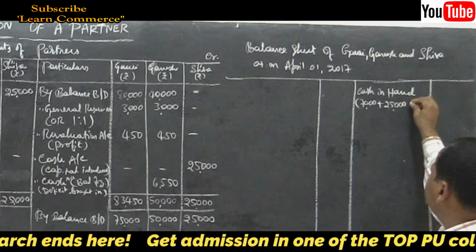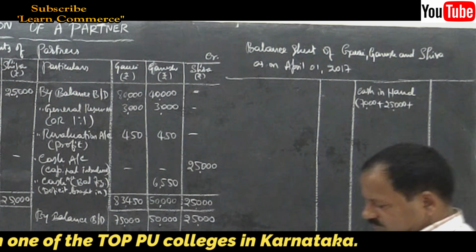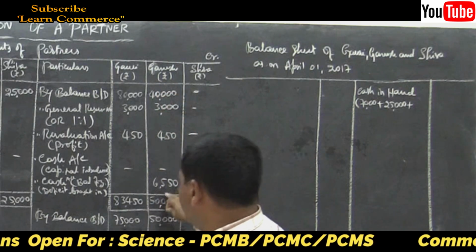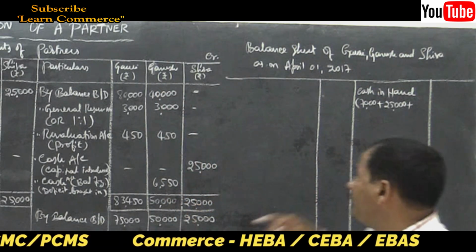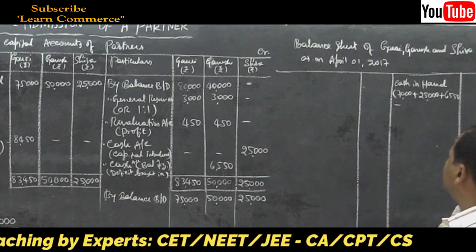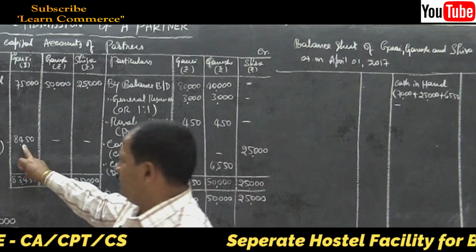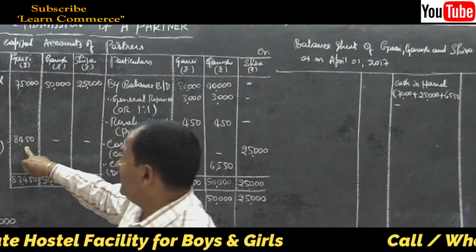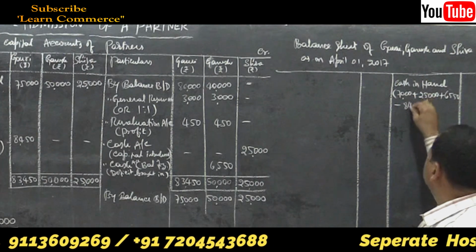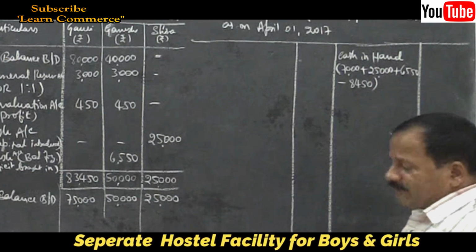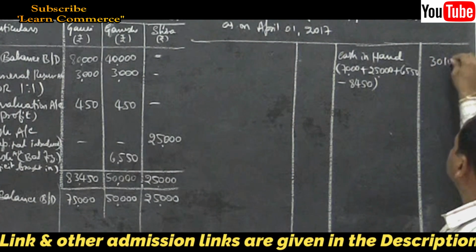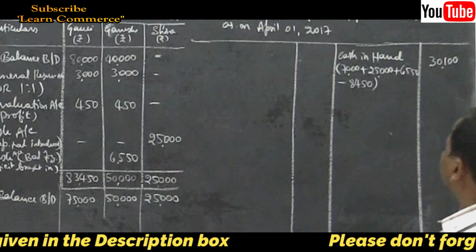Add cash brought in by Ganesh, shortage 6,550. Minus excess amount paid to Gauri 8,450. What is the final balance? 30,100.